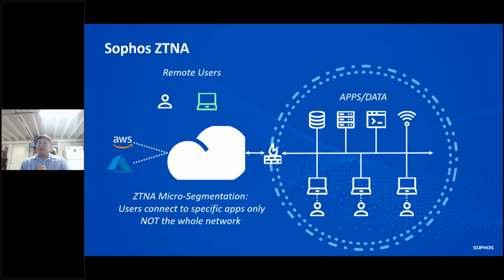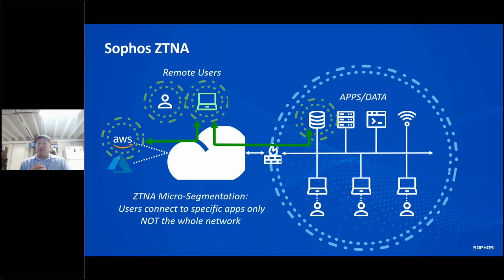Looking at ZTNA as a graphical representation of what it does, we're providing remote access, not access to the whole network. In this example, the remote user has access to applications in AWS, and on the corporate network they have access to this particular database, but nothing else on the network. So ZTNA provides micro-segmentation, and doesn't have to give broad access to systems across the network.